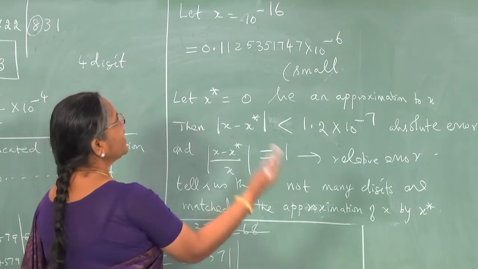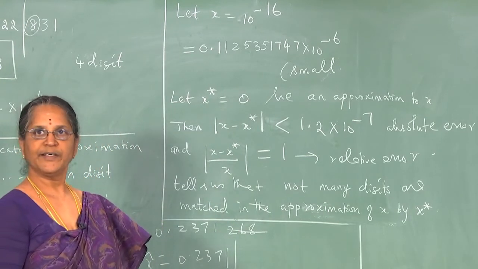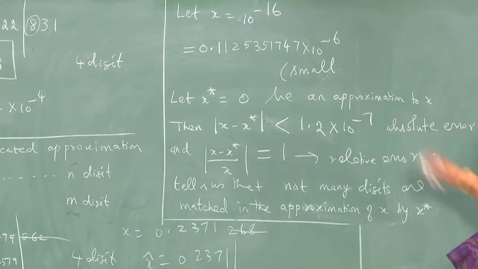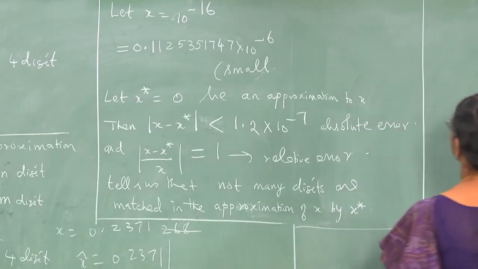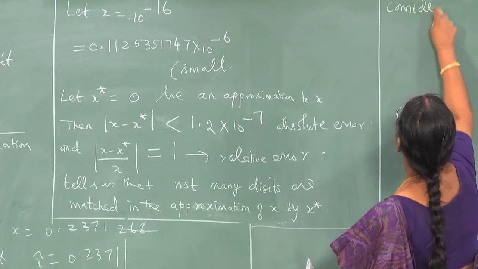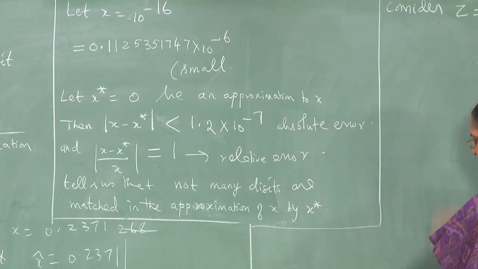You may say that this is because you have taken a very, very small number. Let us see what happens if I take a large number and then find out the approximation. So, now I shall consider a very large number, say z, which is e to the power of 16.